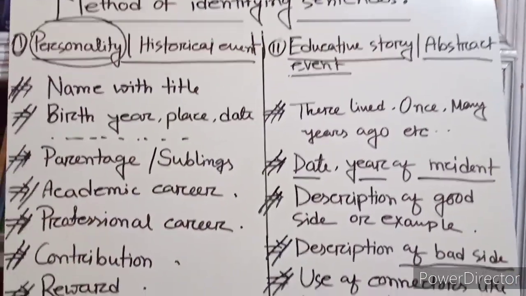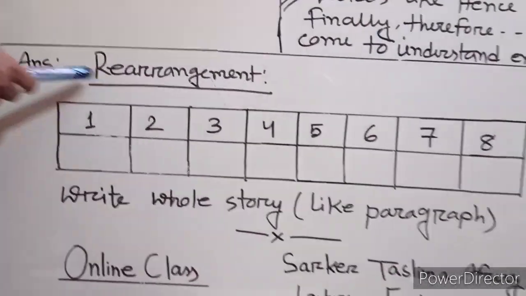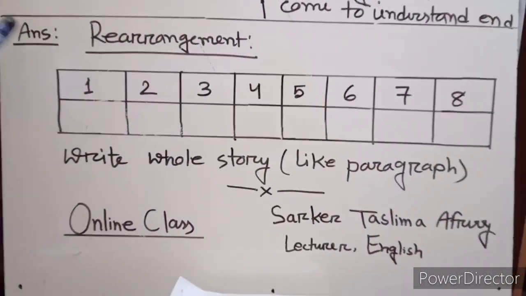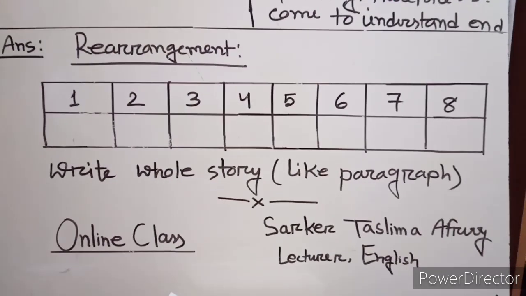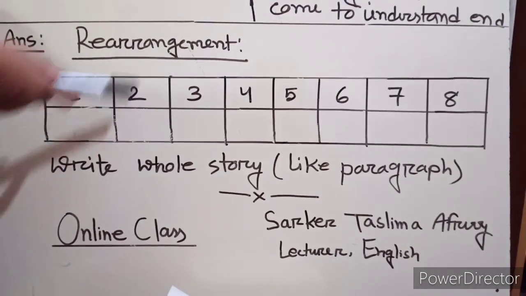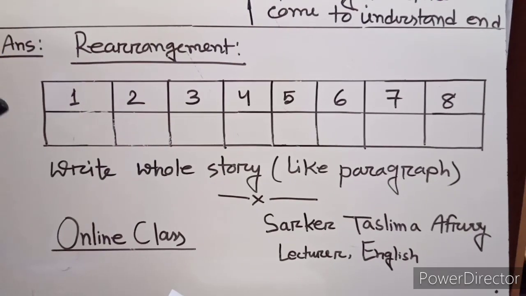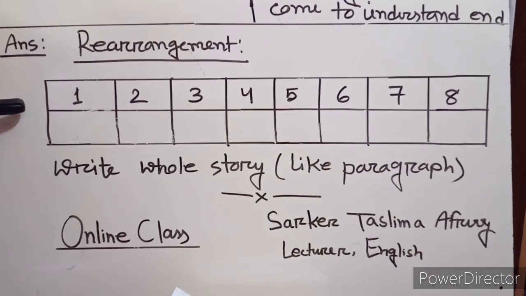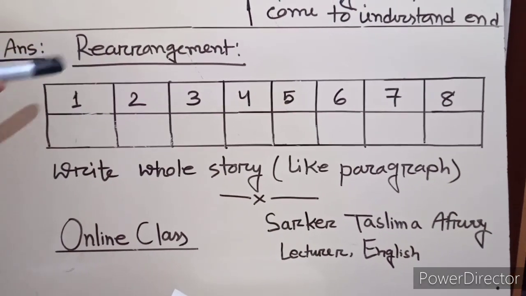After doing all this, see here, I already told you, I wrote here answer rearrangement. The process is very careful. You have to be very careful when you are writing these things, because this is the part where your examiner will test you. You have to make a box as I made here.